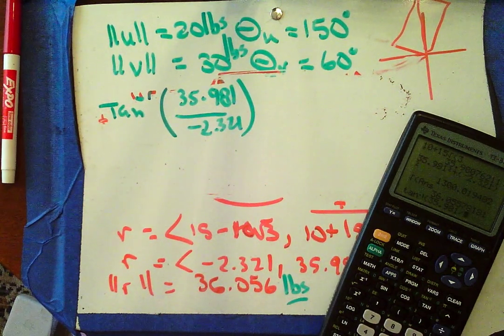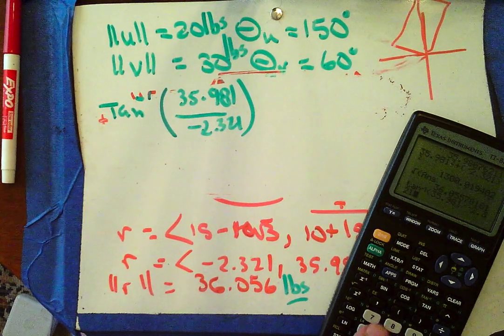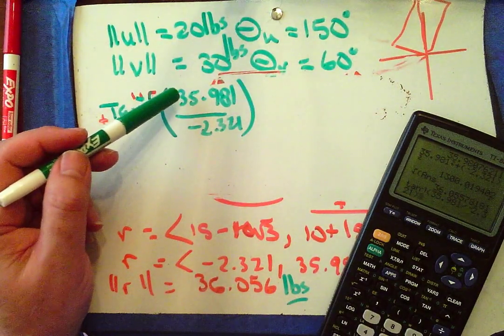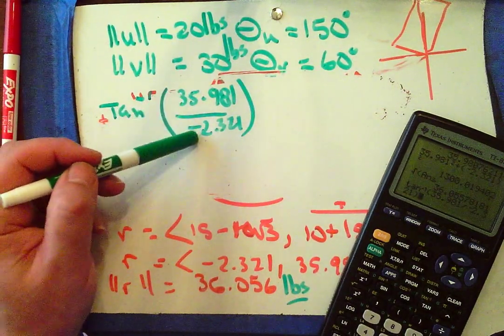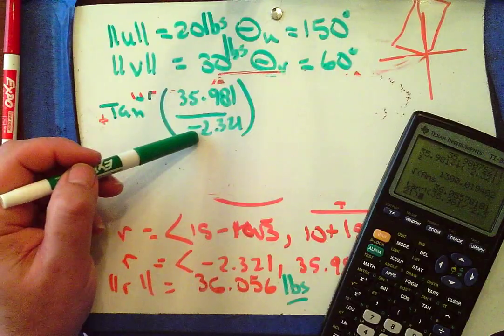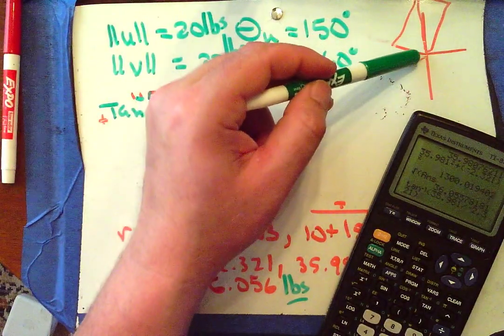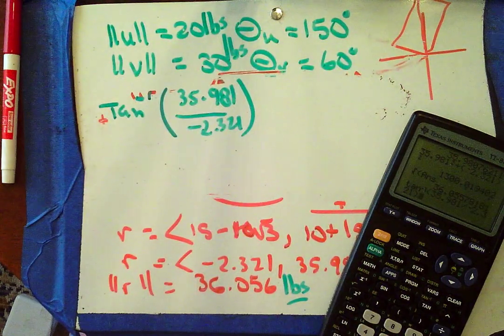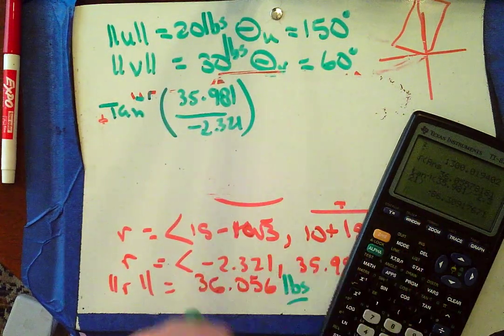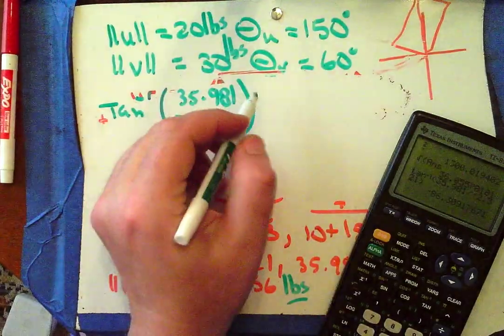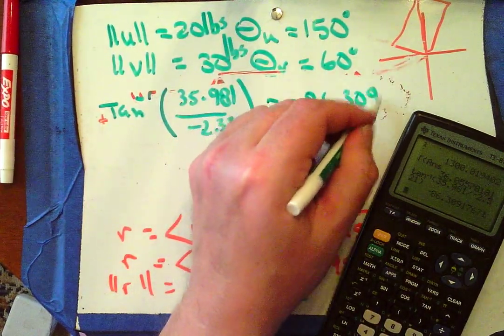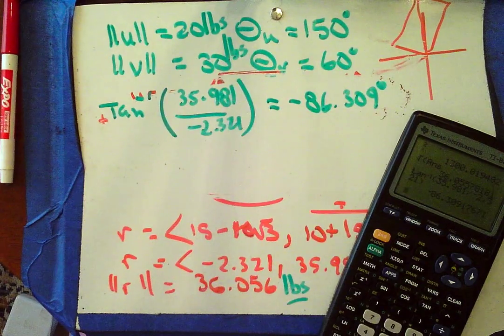Before I hit enter, tangent is opposite over adjacent, right? So I'm going this way 2, and going up 35. When I hit enter, I get a negative angle, negative 86.309 degrees. What's up with that?